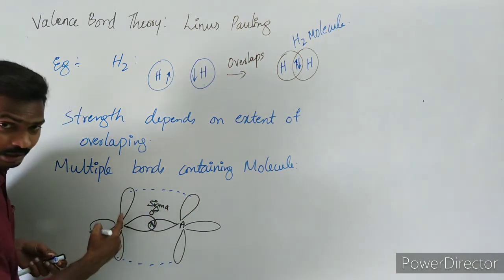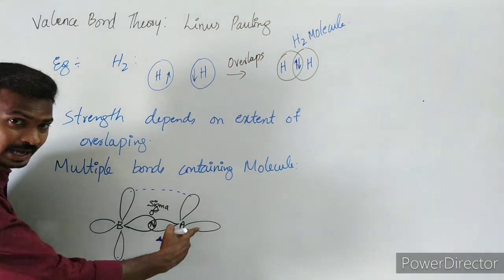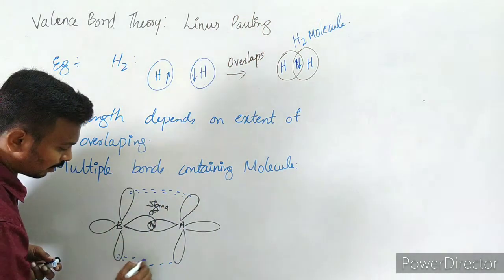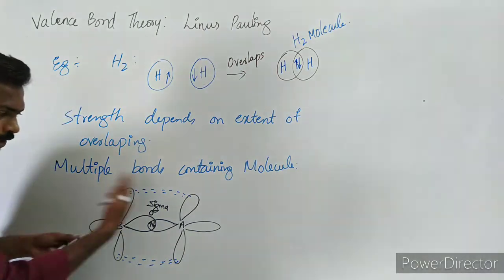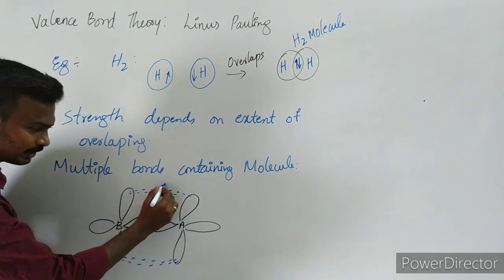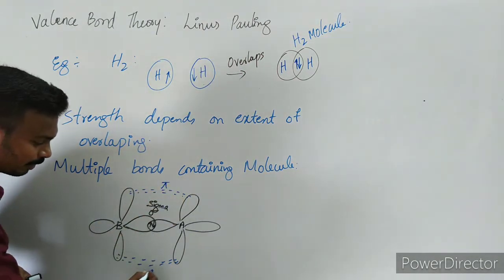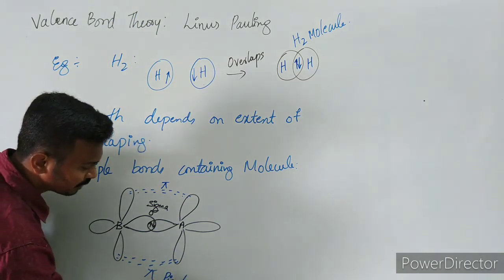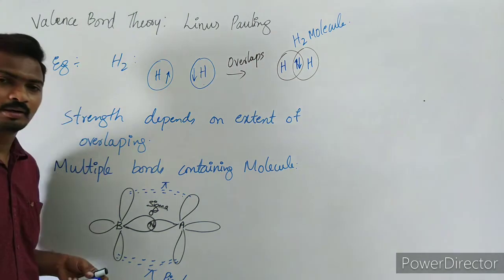These atomic orbitals are perpendicular to the axis. These perpendicular orbitals will overlap and they lead to the formation of a pi bond. This is a pi bond, which is a weak bond.